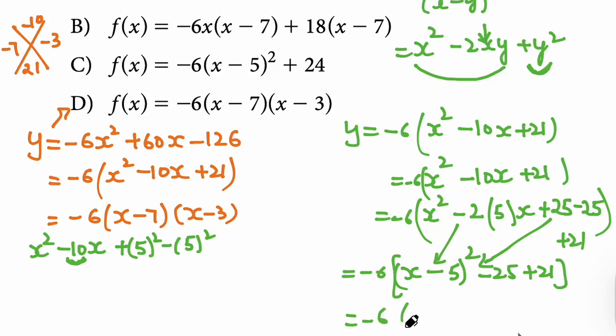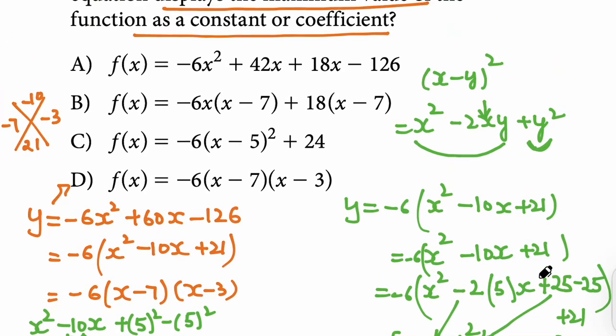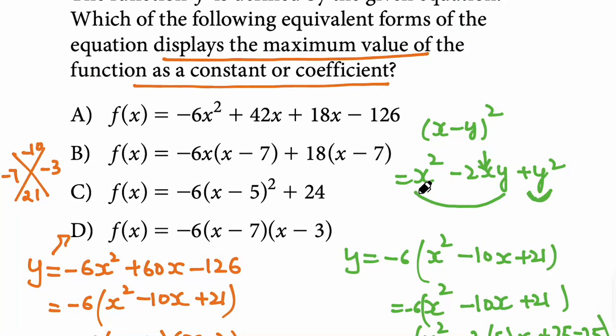That is equal to negative 6 x minus 5 whole squared, and that is negative 4. So this is equal to negative 6 x minus 5 whole squared. Negative 6 times negative 4 is plus 24, right? So this is the right option too.